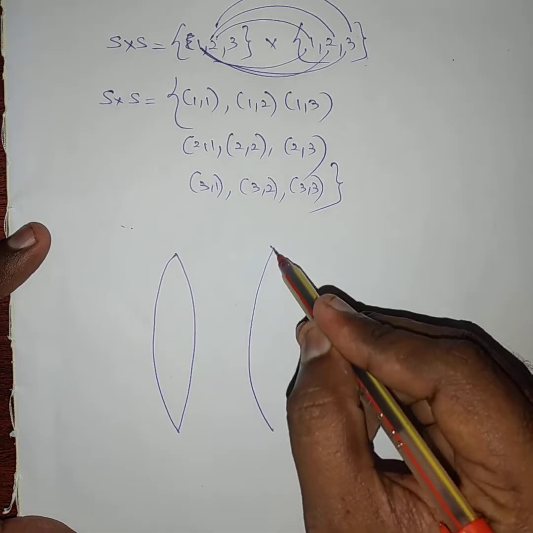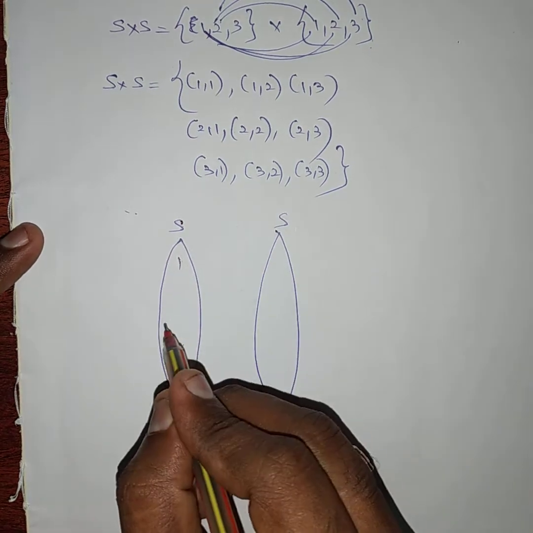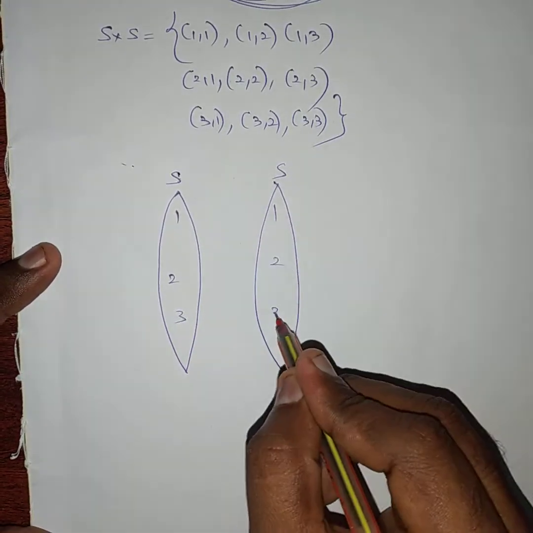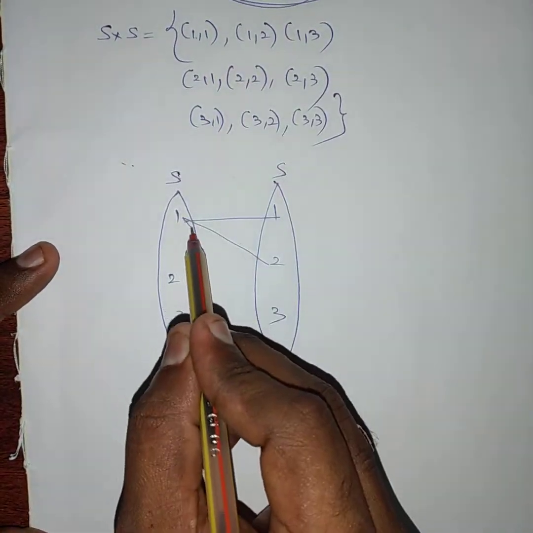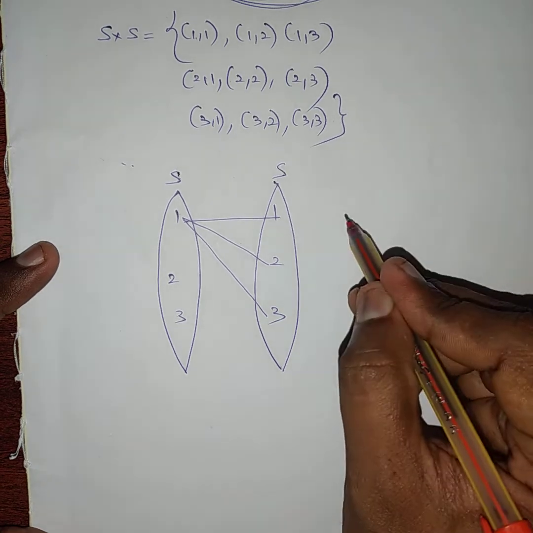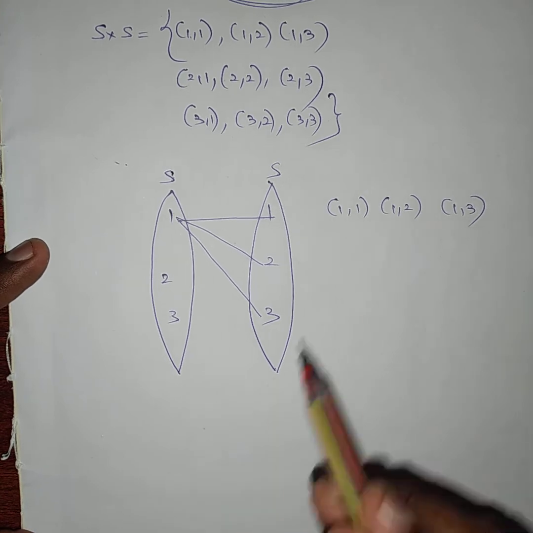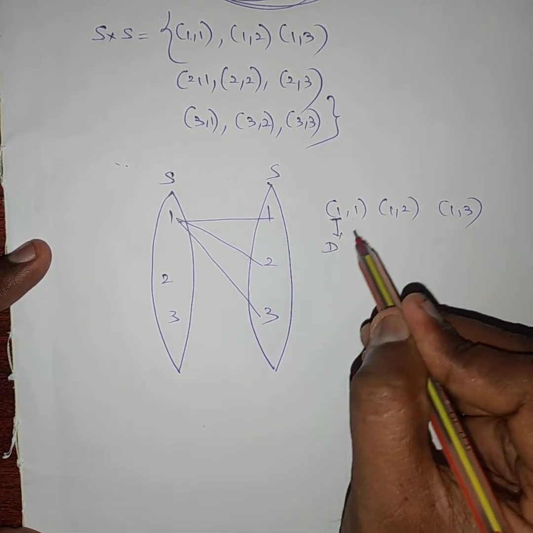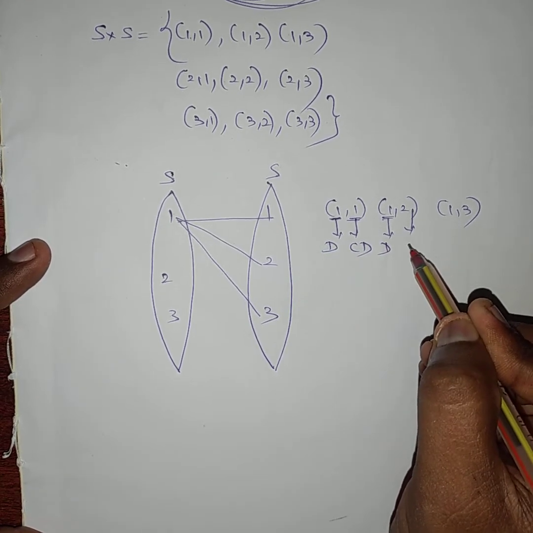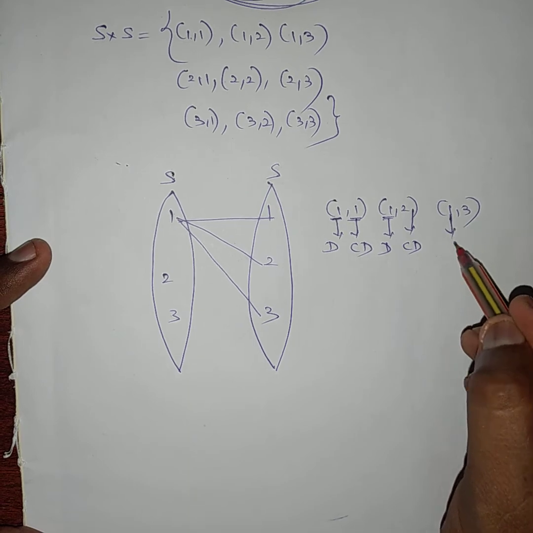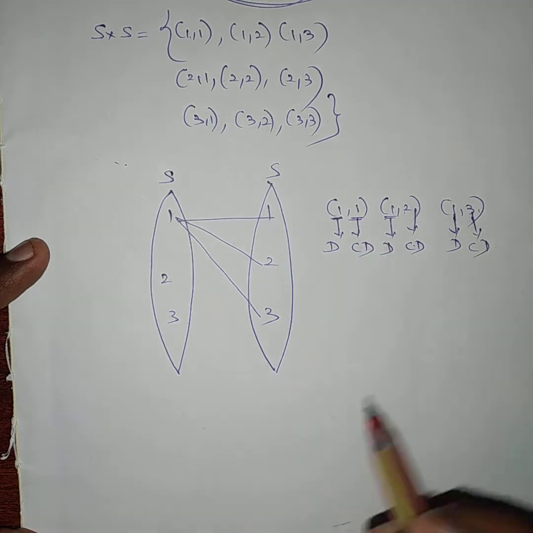Now I am going to make it using an arrow diagram. S also contains 1, 2, 3, and this S also contains 1, 2, 3. See here, 1 maps to 1, 1 maps to 2, 1 maps to 3. This one is the domain, this one is the codomain.